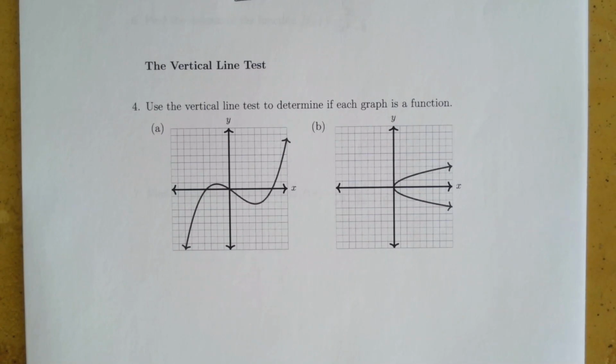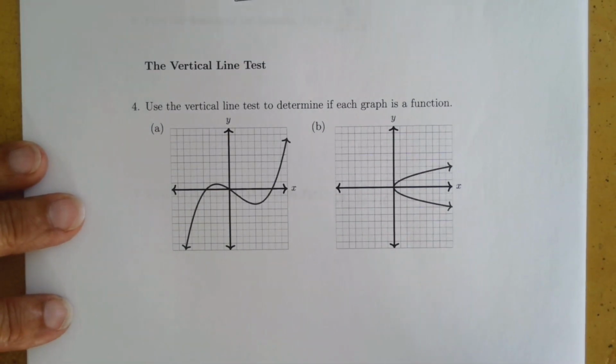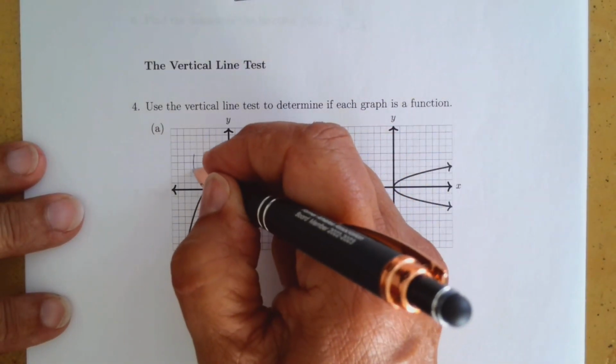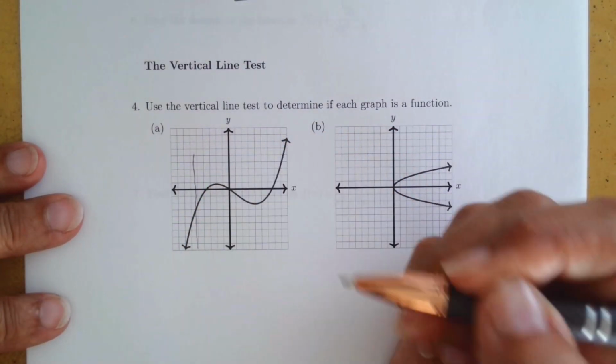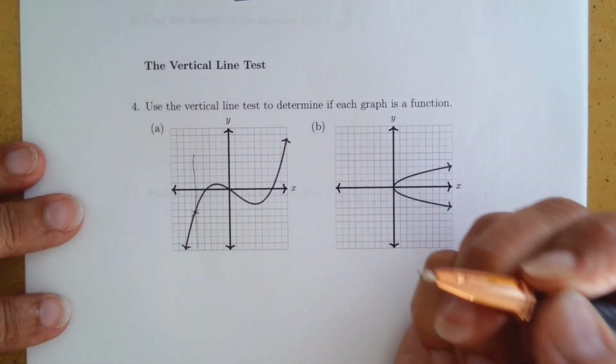So remember what the vertical line test said. If you can draw a vertical line through a graph and it crosses the graph in more than one place, then it is not a function. As long as the vertical line only crosses the graph once, then it's a function. And you have to be able to do it anywhere on the graph. So if you look at number 4, part A, if I draw a vertical line anywhere on this graph, it's going to cross the graph only once.